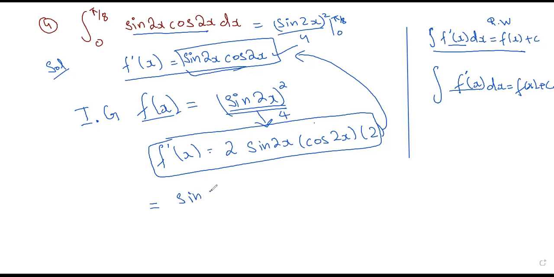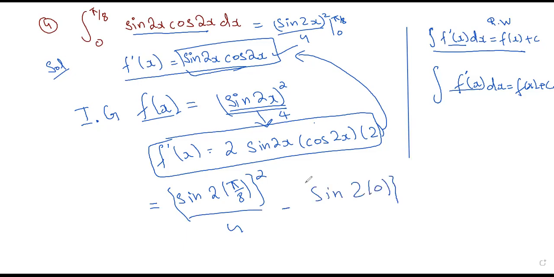Sine 2 at pi by 8 square by 4 minus the other one would be sine 2 at 0 square by 4. So this would be 1 by 8 and this would be 0. So the answer is 1 by 8.